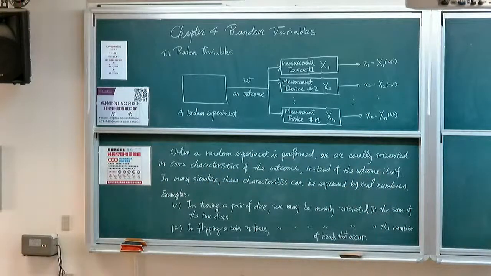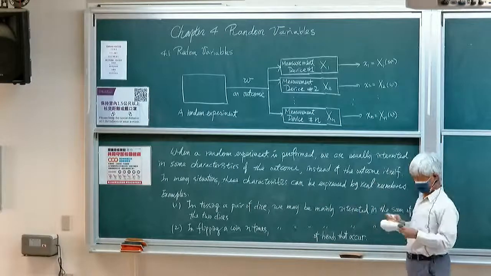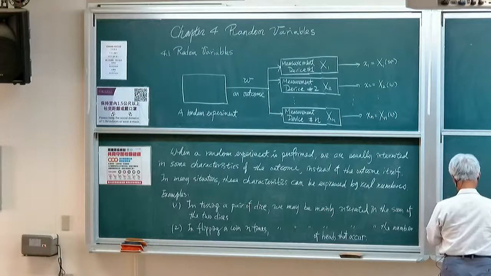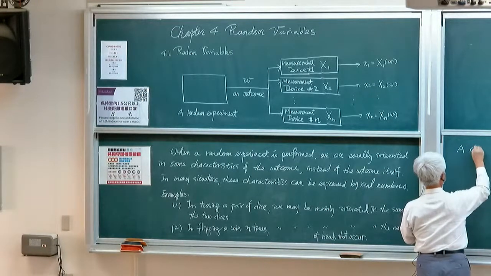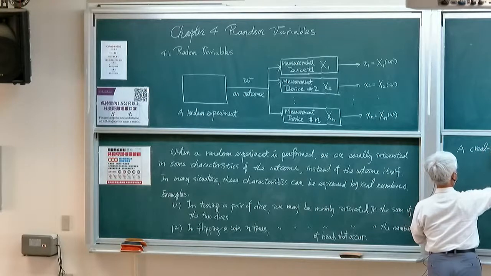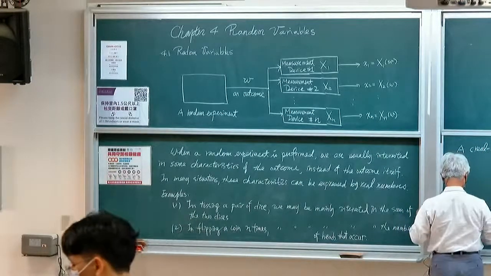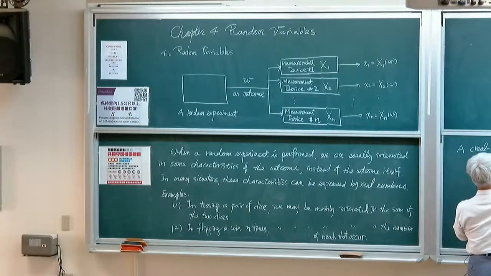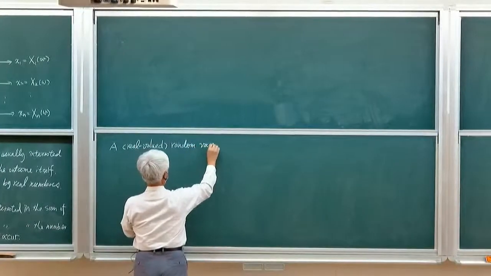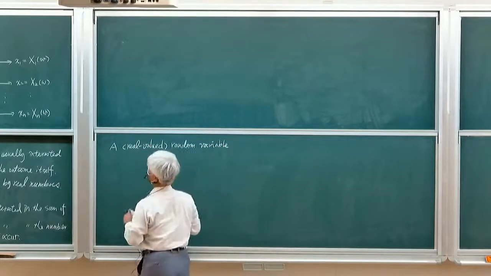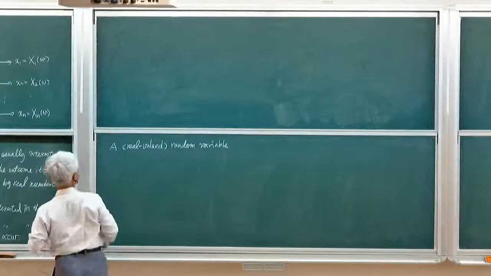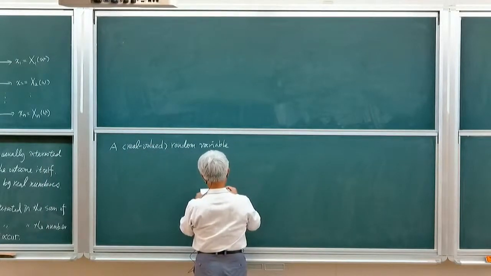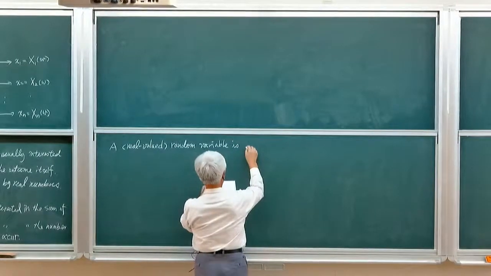Okay, so all these numerical values will be given special terms. We say real valued random variable. So these values will be called random variables.